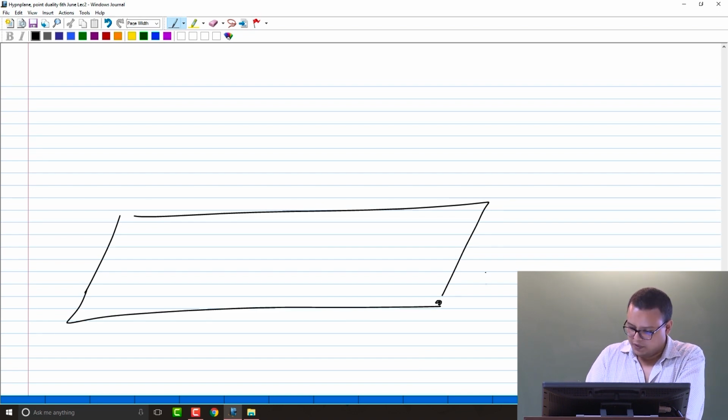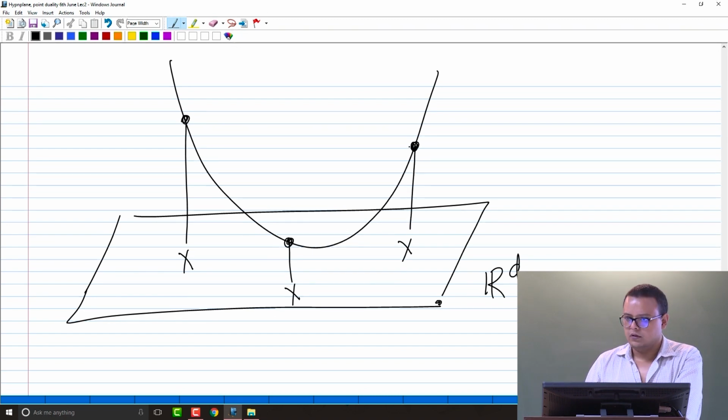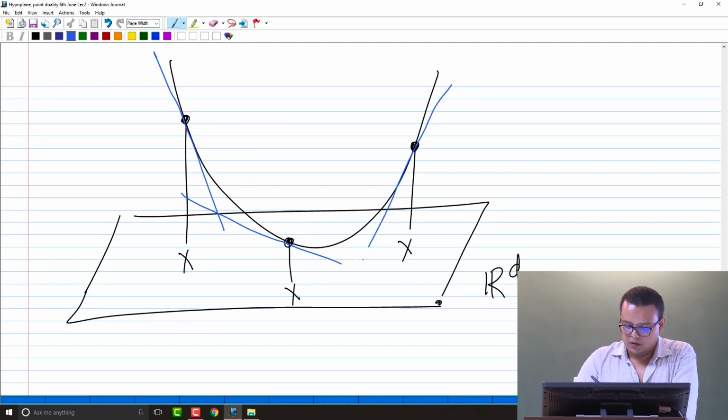We have these points in R^d and we are lifting them up onto the paraboloid. Then we find the tangents at these points, and we compute the upper envelope of these tangents.